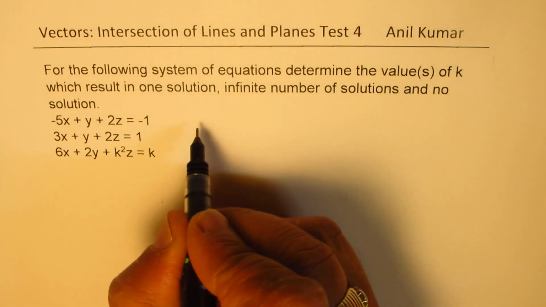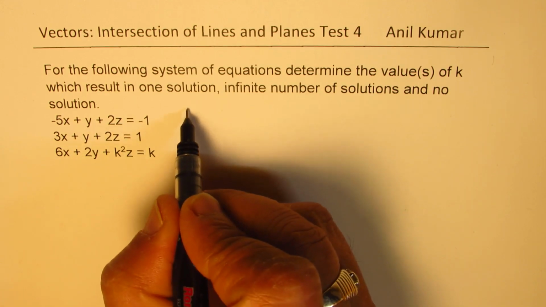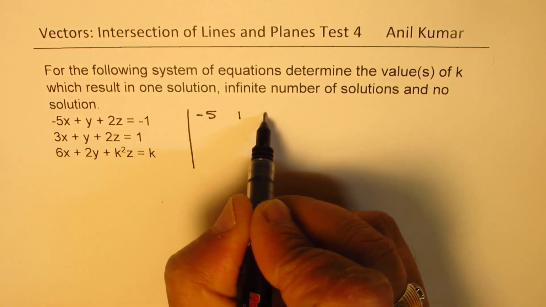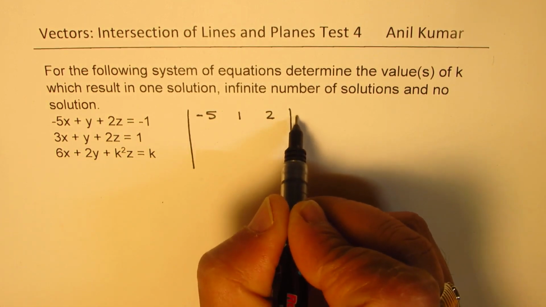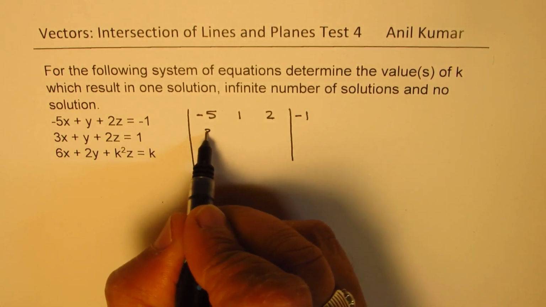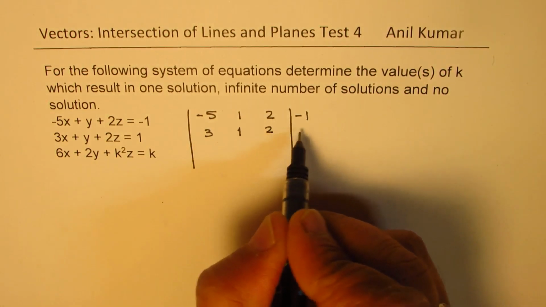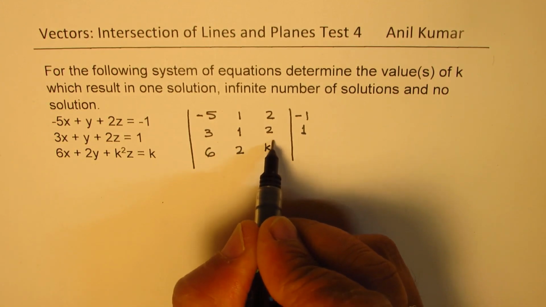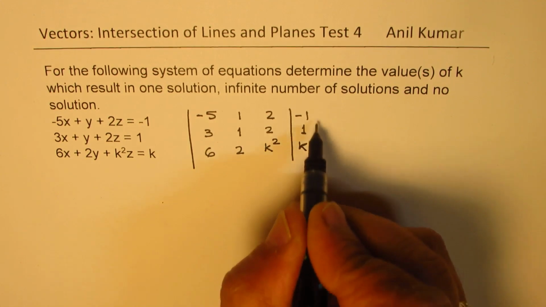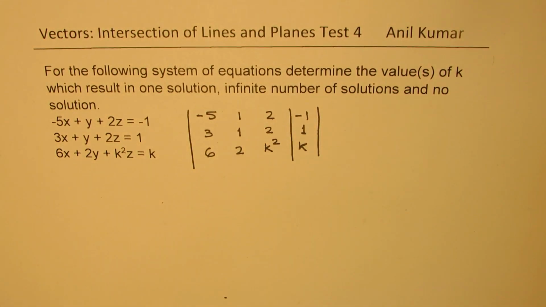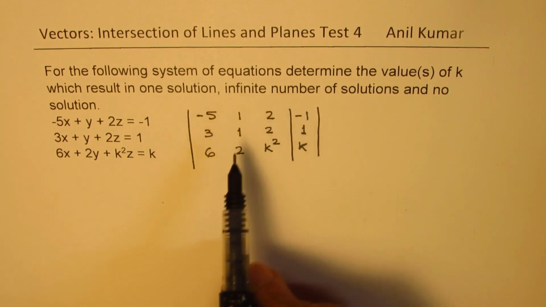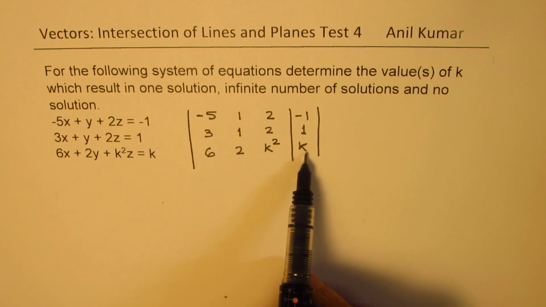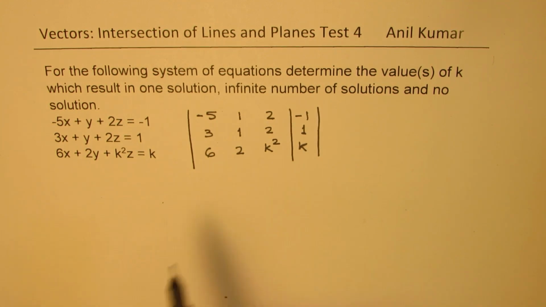So writing this as an augmented determinant, we get this as -5, 1, 2, and that is -1 for us, right? Here we have 3, 1, 2, 1, and the last one is 6, 2, k square is the coefficient of z, and here we have the term k.